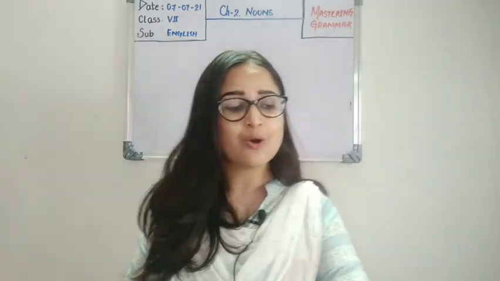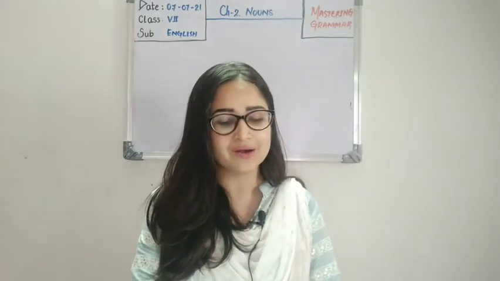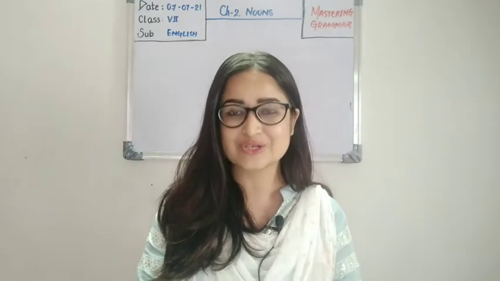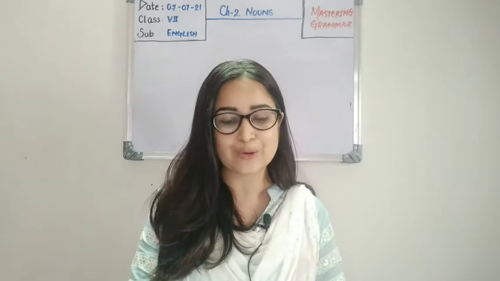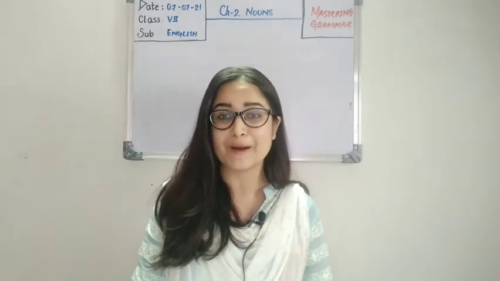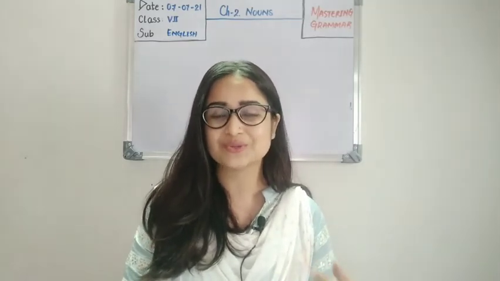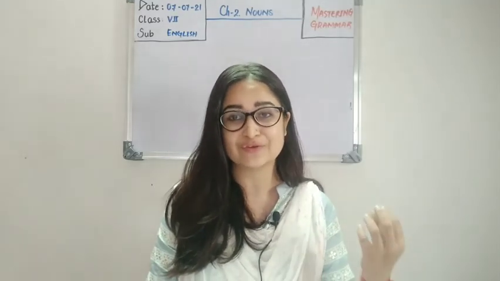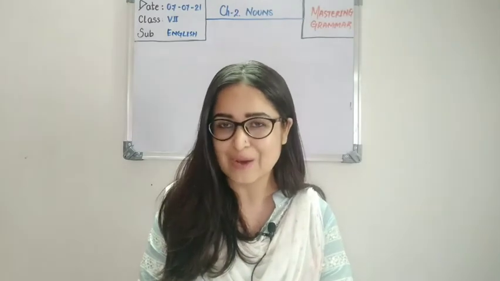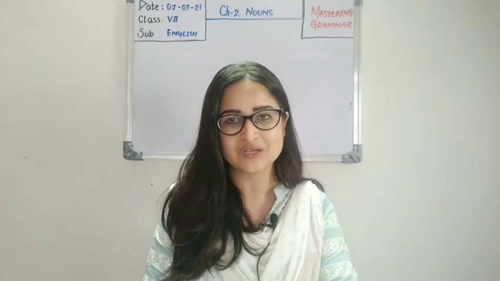Right children? Also in our previous video lesson, we had finished knowing about collective nouns, common nouns and proper nouns. I also told you about countable and uncountable nouns, right? I told you that we have to use adjectives of number with the countable nouns, and with uncountable nouns we have to use the adjective of quantity.